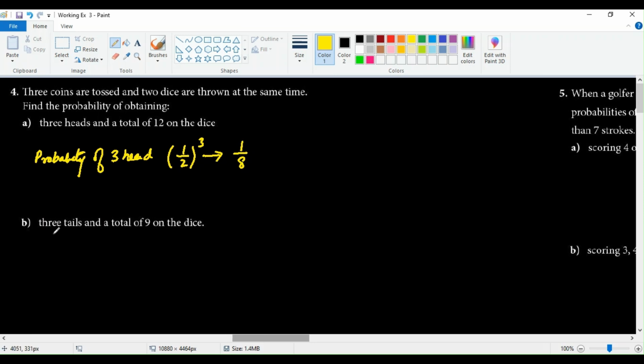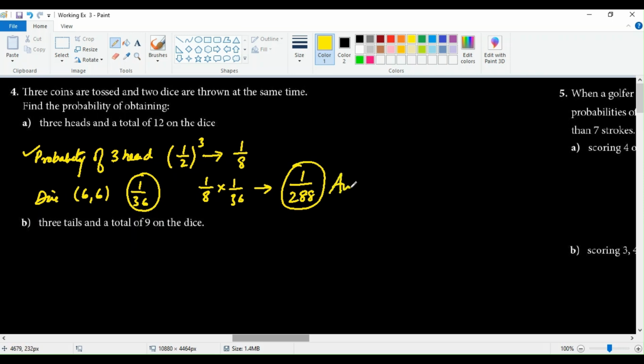For a total of 12, the dice must show 6 and 6. The 1 over 8 is about the coin, and this is about the dice. It is 1 over 36, only one possibility out of 36. So we are going to multiply 1 over 8 and 1 over 36. Finally, it's going to give us 1 over 288 as the answer for this question.